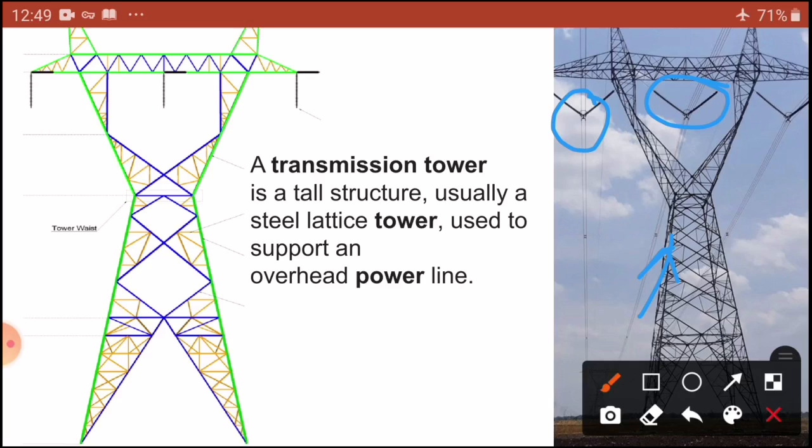You can see the size of the height depends on the ground clearance we have to maintain. Now, this is one medium between the generating station and our receiving station.